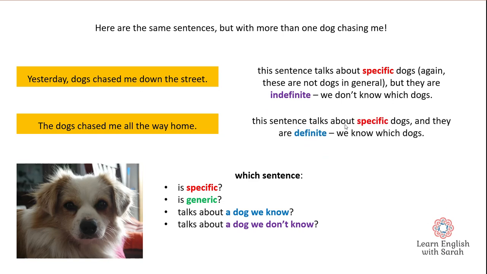The next sentence still talks about specific dogs, but this time they are definite, so we've got the definite article here, which gives us this feeling that we know the dogs. Essentially these two sentences are plural versions of the sentences on the slide before.